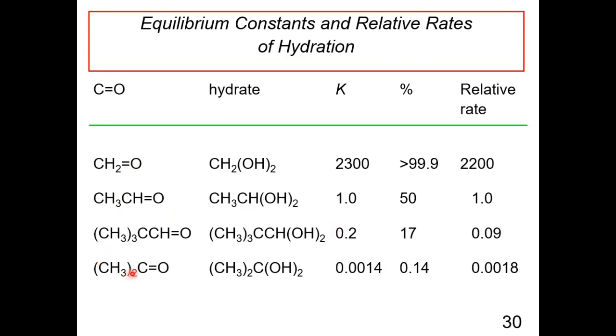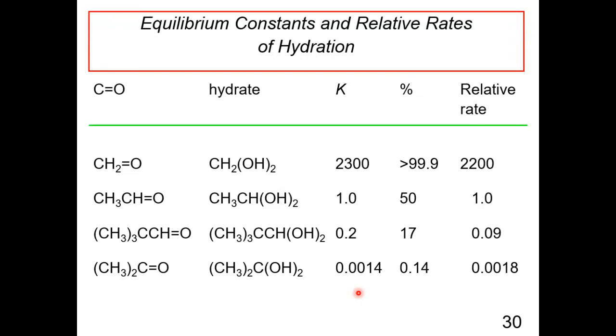Now if we compare this one and this one, the difference is that in this case you have one methyl group connected to the carbonyl group, and here you have two methyl groups connected to the carbonyl group. So one methyl difference, and that actually makes a huge difference in equilibrium constant, 700 times lower.